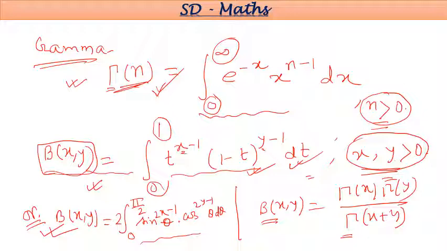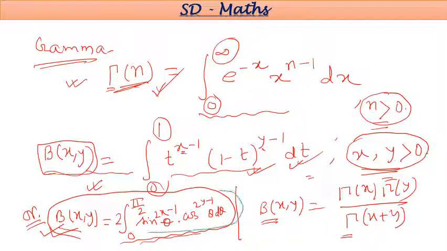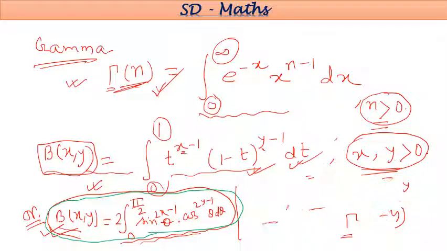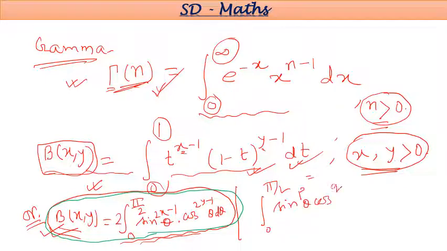Now after some deduction, I am writing another format of this formula to speed up our calculation. Suppose you are given the integral from 0 to pi by 2 of sine to the power p theta and cos to the power q theta.